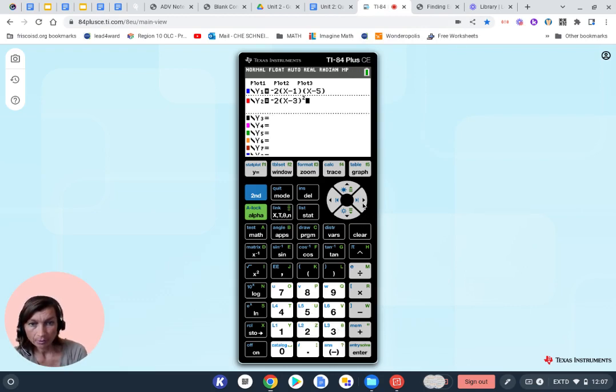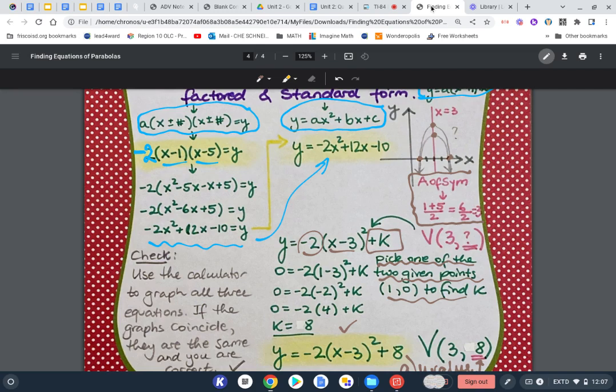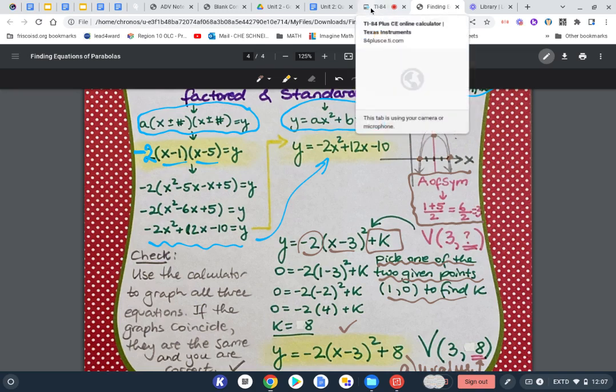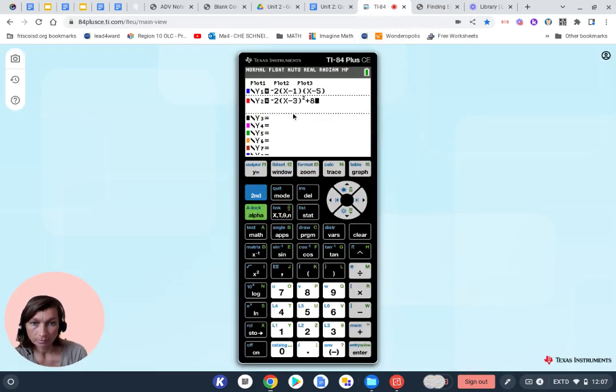Get out of the exponent, don't forget that. And I think it was plus 8, unless I'm wrong. Okay, plus 8. Notice that I cannot see the y-intercept when it's in vertex form. Neither can I see the y-intercept when it's in factored form without any work, okay? That's a problem. That's when the standard form comes in handy.